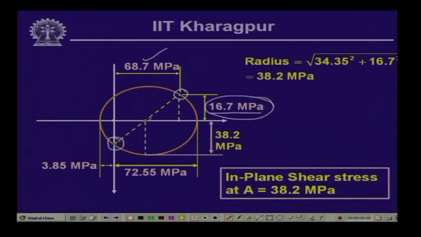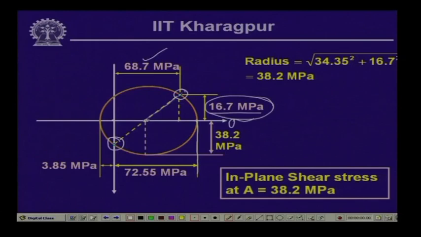If we join these 2 points, wherever it cuts the sigma axis gives us the center of the Mohr circle. With this as center and this as radius, we get the Mohr circle, and this is the point which represents the maximum value of the stress.